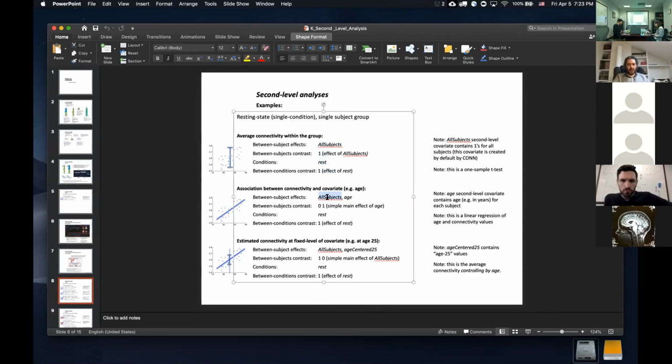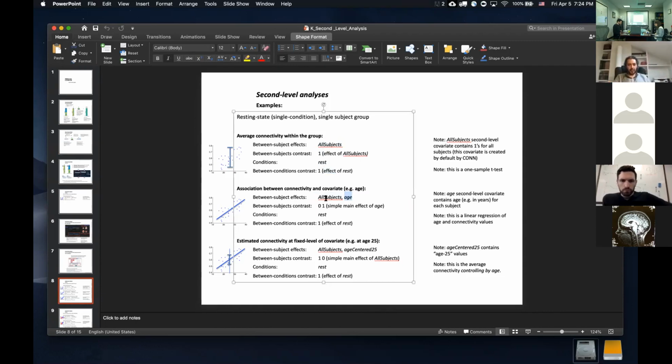You create a column of all ones and you specify two between-subject factors now. Instead of just specifying a constant term, which is what we were doing before, which models just the average activation across all subjects, you specify the all-subjects term and your covariate, the age covariate. If you think of the design matrix, you're going to get two regressors out of those.